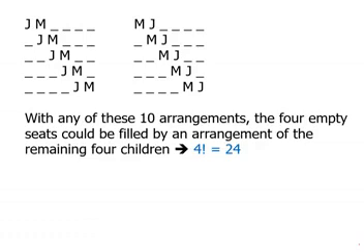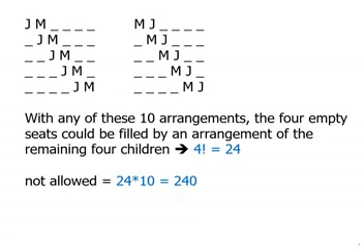With any of these 10 arrangements, the 4 empty seats could be filled by the 4 remaining children in any order. So for any one of these, we have 4 factorial, or 24 possibilities for the other children. And so it's just 10 times 24, 240. That's Q. So there are 240 arrangements that would not be allowed by the restriction.